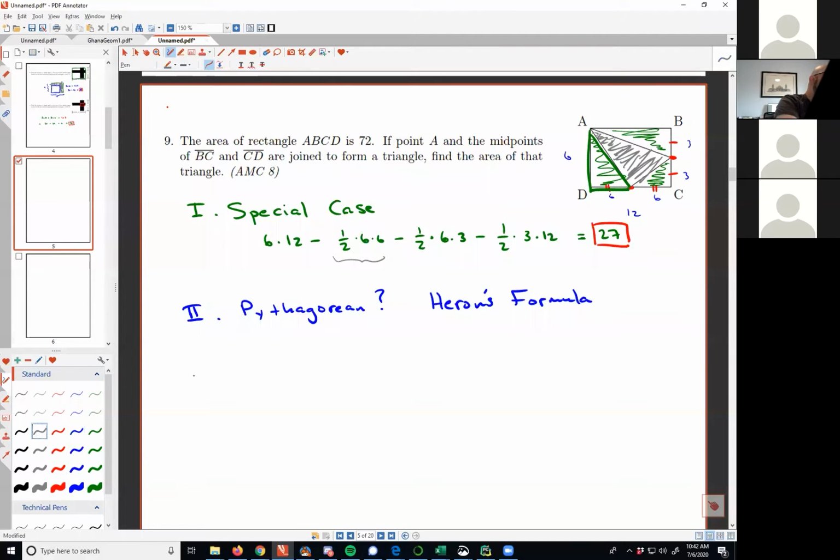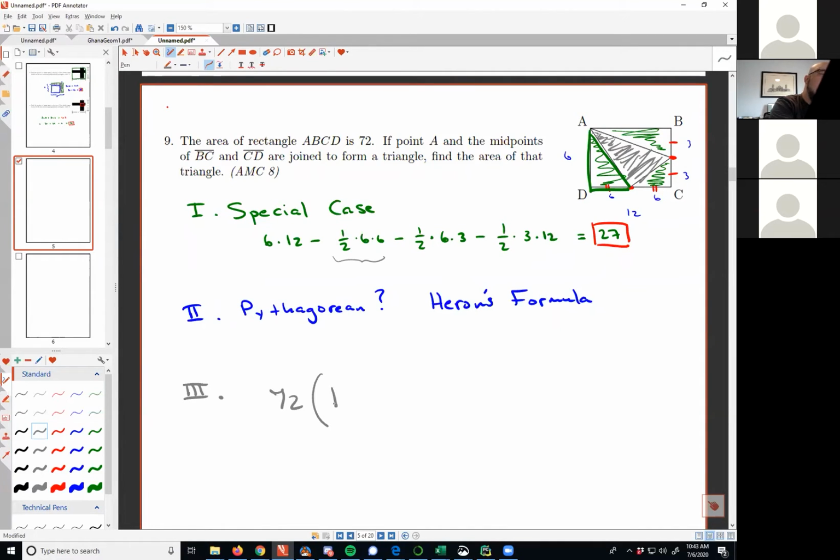So I'm going to keep that up as a possible path towards a solution, but I'm going to suggest we do something else. I'm going to suggest we start with the whole big picture and then think of the green triangles as proportions of the larger rectangle. Instead of computing all 4 of those like we did in the special case solution, we don't even need a special case, because each one of them can be found as a proportion of the large rectangle.